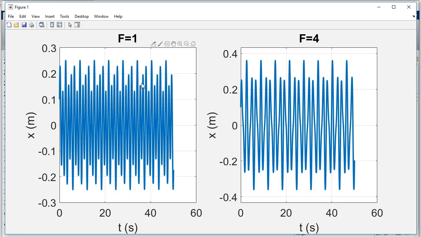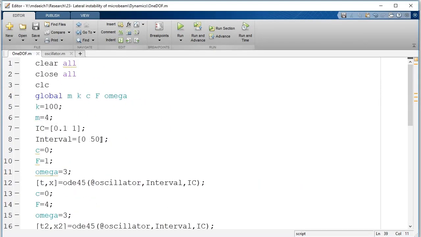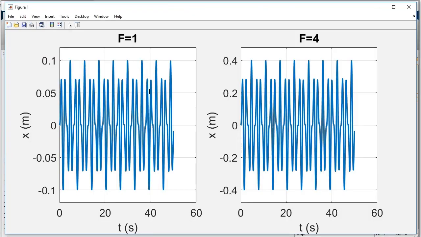So you can see here, first of all, notice that let's cancel out the initial velocity and initial displacement now. So let's put 0 and 0 here. No initial velocity, no initial displacement, but because we have forced vibration, the mass is going to move anyway. Here is the difference.